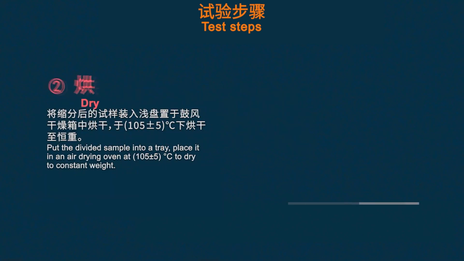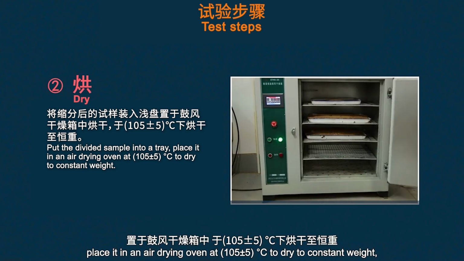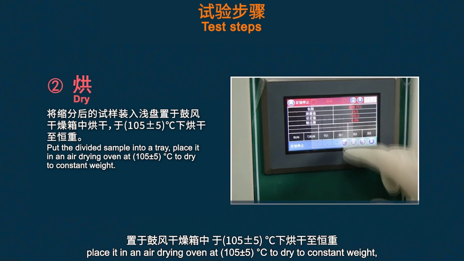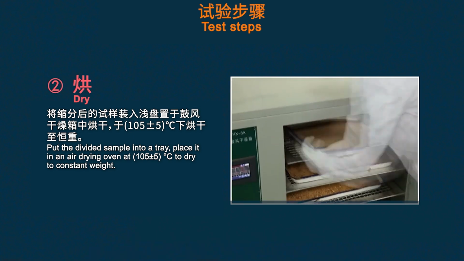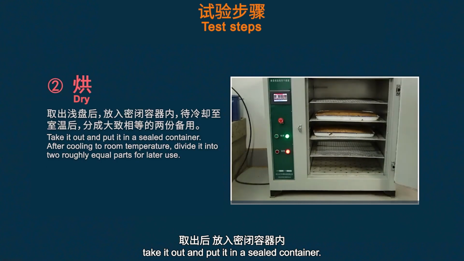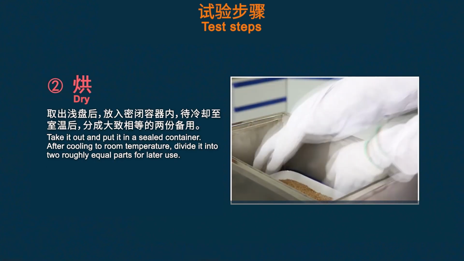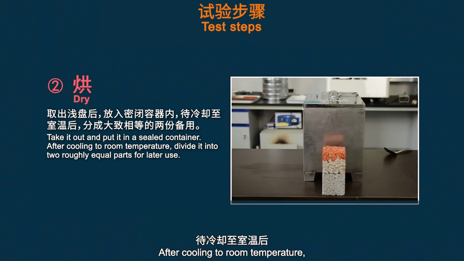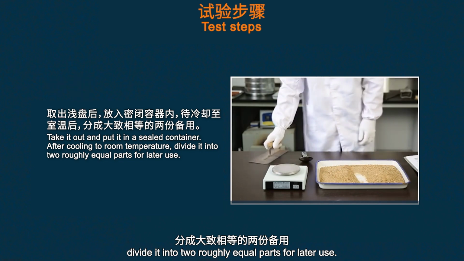Drying. Put the divided sample into a tray. Place it in an air-drying oven at 105 plus or minus 5 degrees Celsius to dry to constant weight. Take it out and put it in a sealed container. After cooling to room temperature, divide it into 2 roughly equal parts for later use.